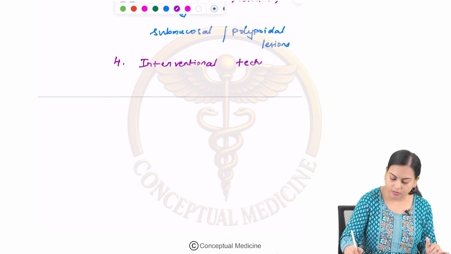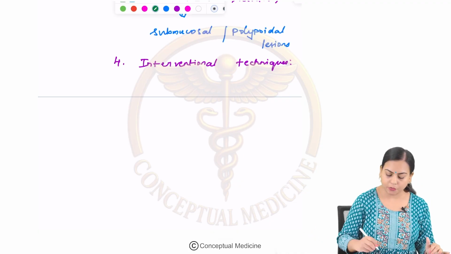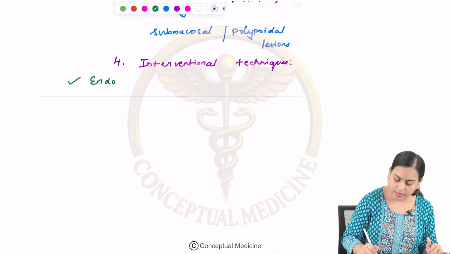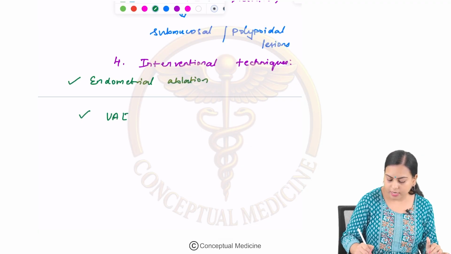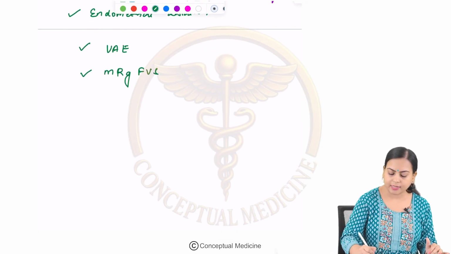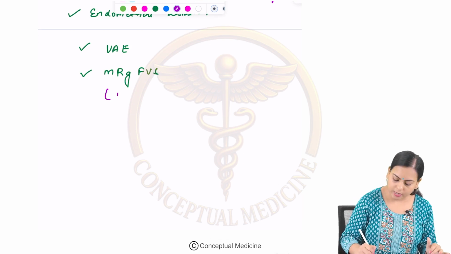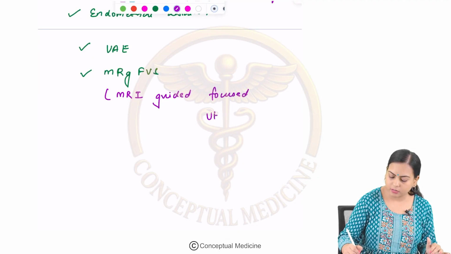And finally, you have some interventional techniques that may include endometrial ablation, uterine artery embolization, and MRgFUS, which is nothing but MRI guided focused ultrasound.